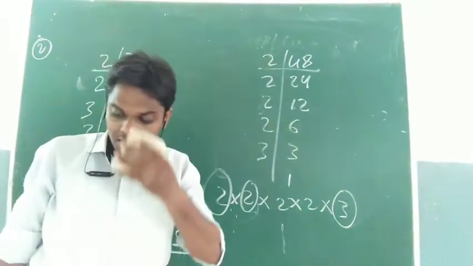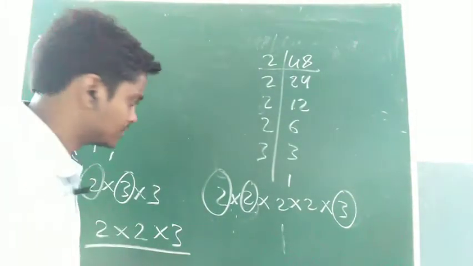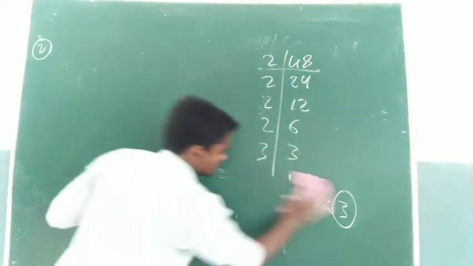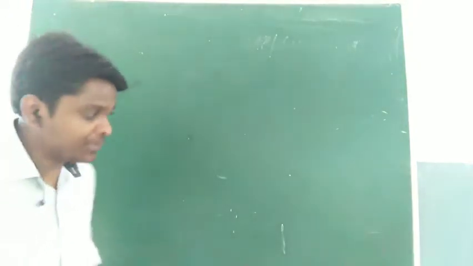Question number 3, common multiples. 10 and 15.